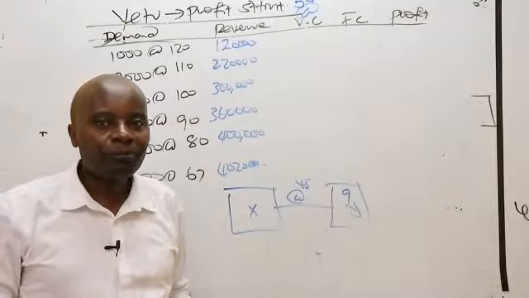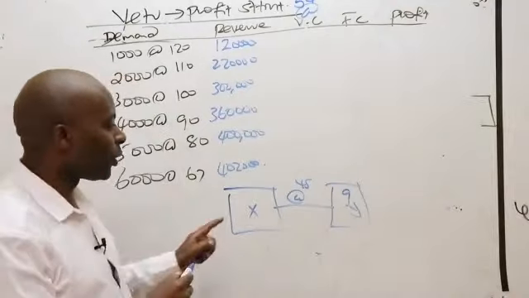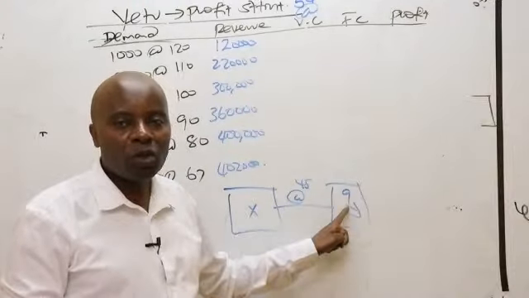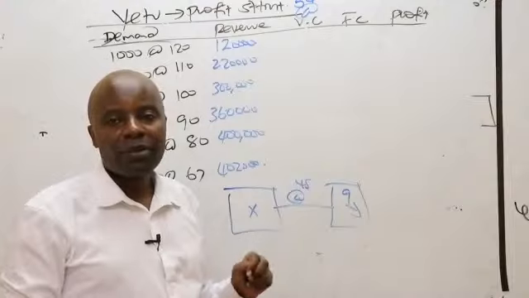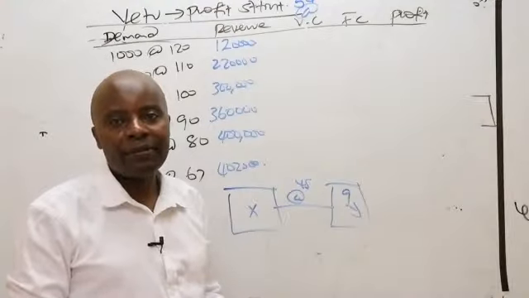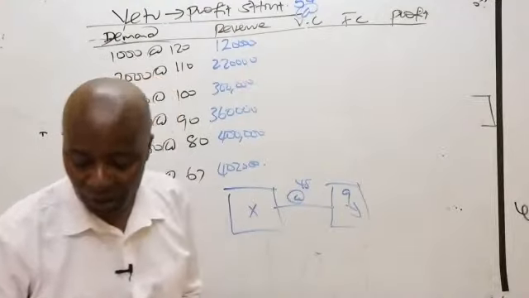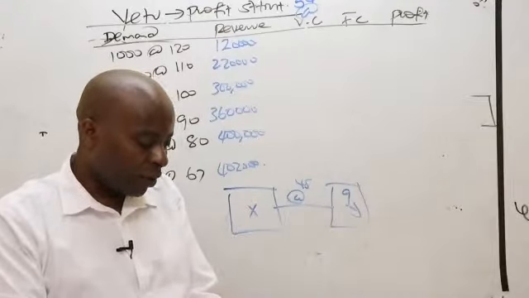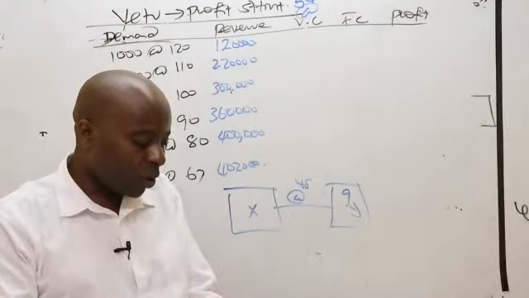Yes, how did you get 54? We took the transfer price of 45 plus the variable cost of Y, which is 9. If you read the variable costing, they have given us the cost down there. If you look at Y there, you'll see division Y has a variable cost of 9.